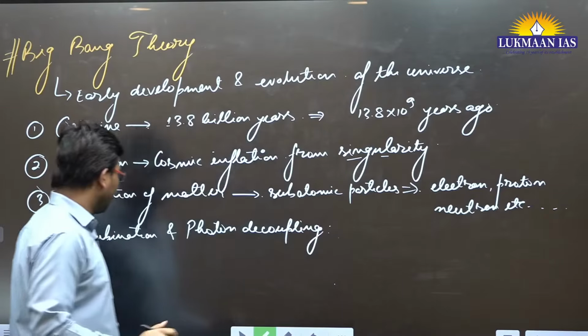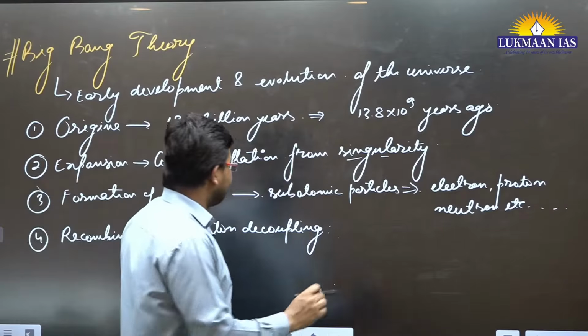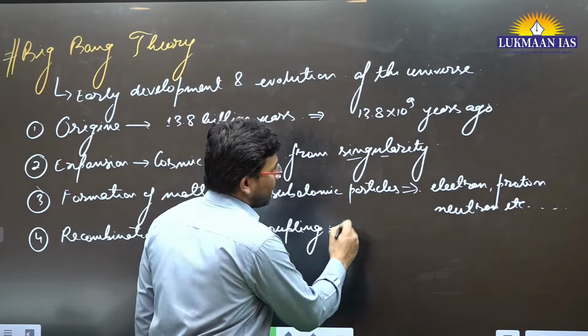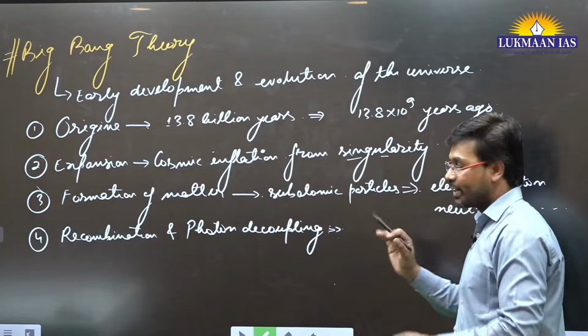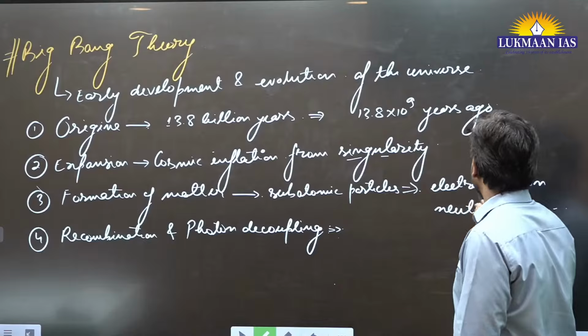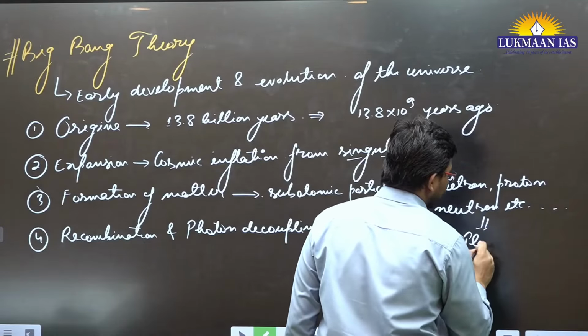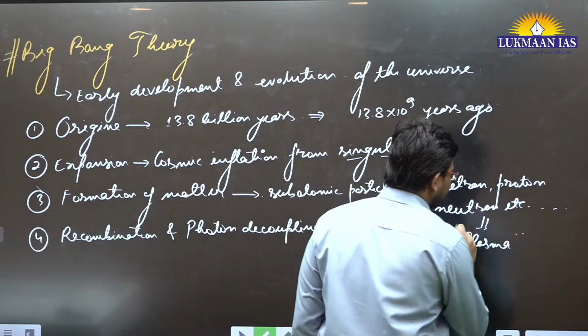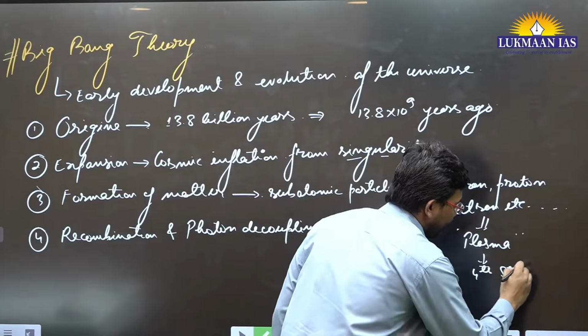Now let us understand what we mean by recombination. After the formation of the matter, when the subatomic particles were created, these particles were suspended in a medium which is known as plasma, and plasma was the fourth state of matter.